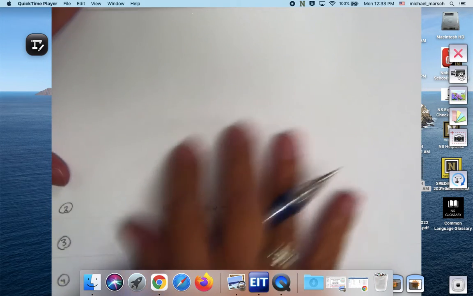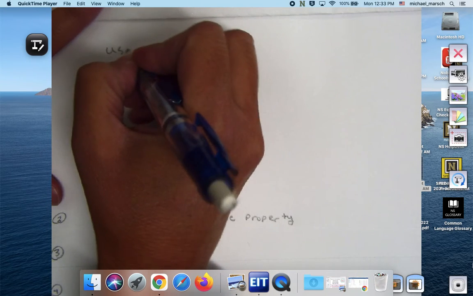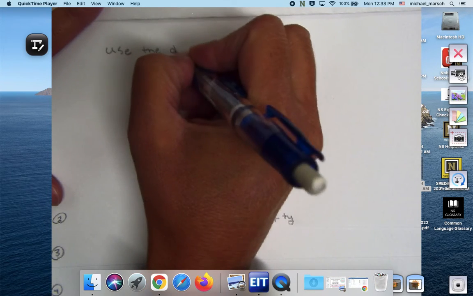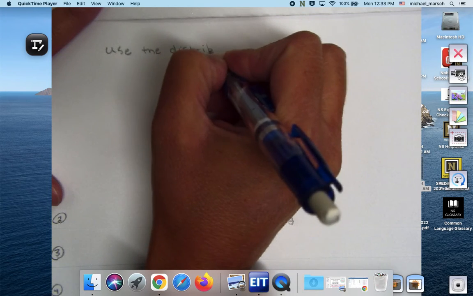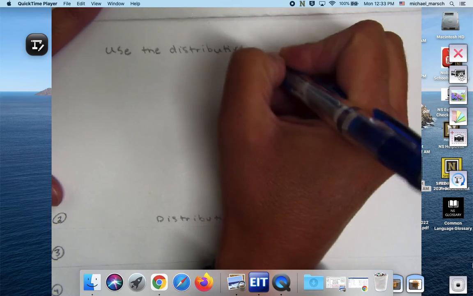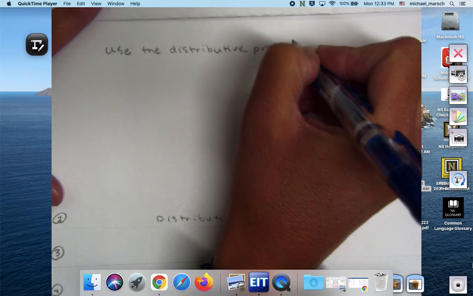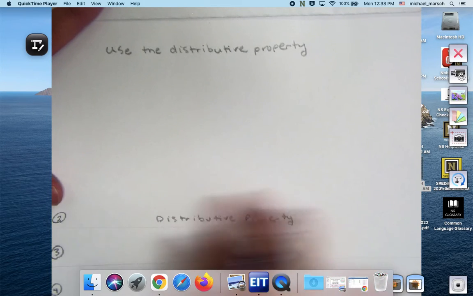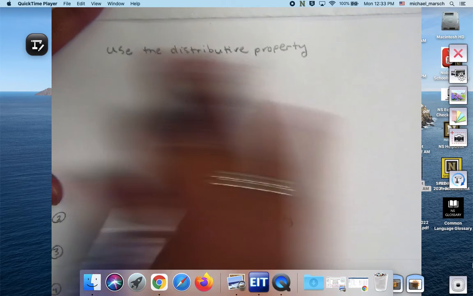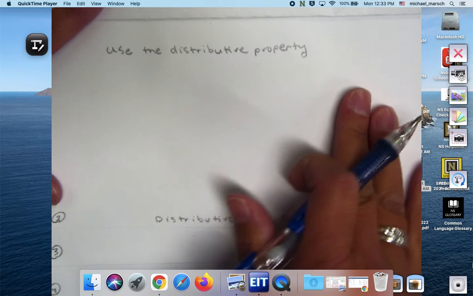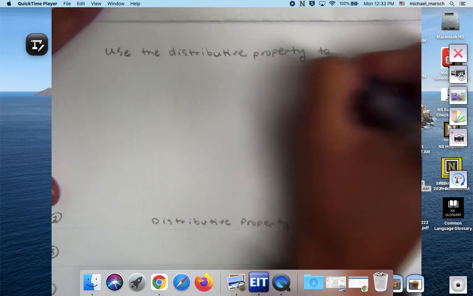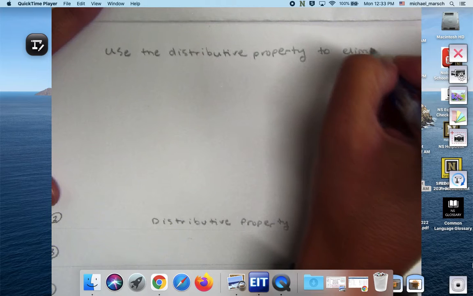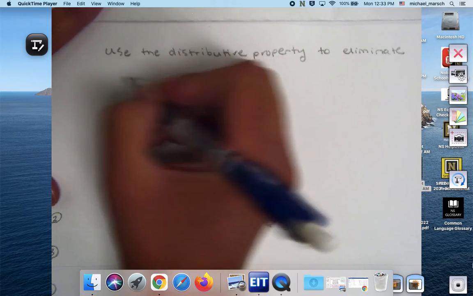Okay, so now we're still on this section here where it says distributive property. We're going to write use the distributive property to eliminate the parentheses. We're still on this same page here.